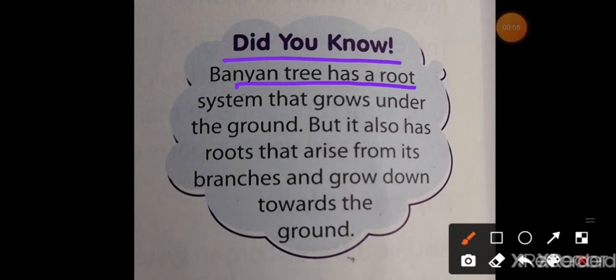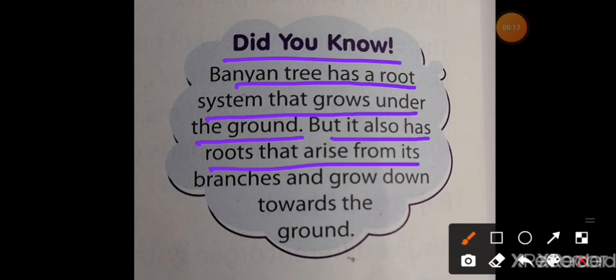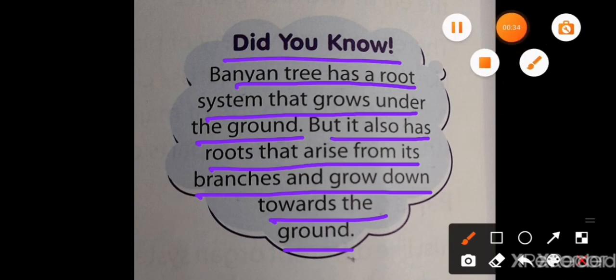Now this is the did you know. The banyan tree has a root system that grows under the ground, but it also has roots that arise from its branches and grow down towards the ground. You must have seen the banyan tree. Let's see this picture.